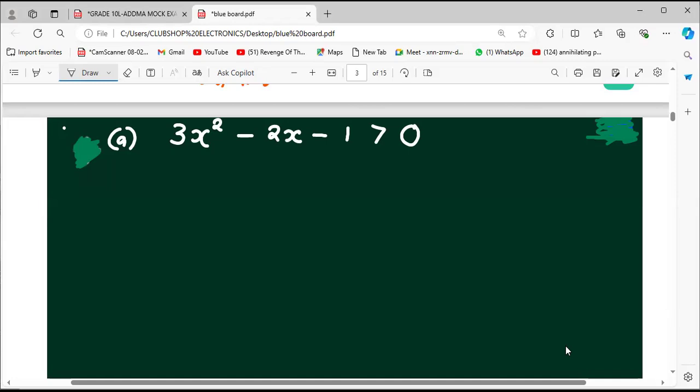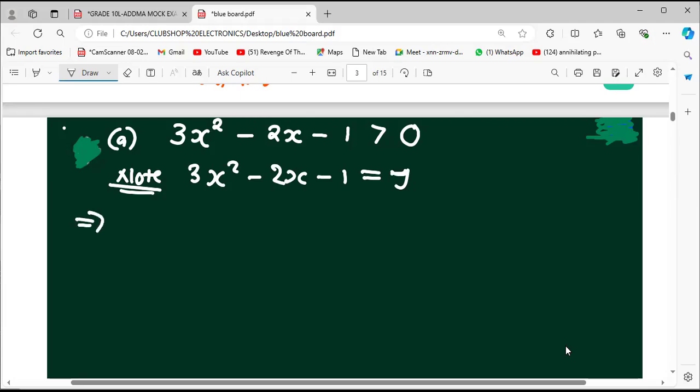So now, we can try to factorize the left-hand side, but I may ask you to note that this is a quadratic expression. So 3x squared minus 2x minus 1 is the same as y. It's a quadratic expression, all right?